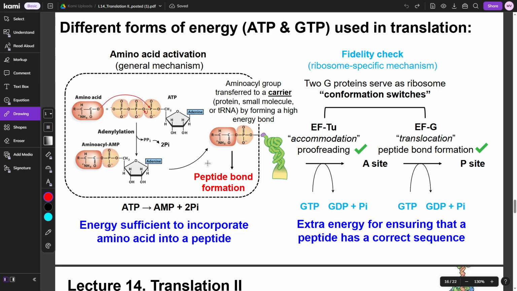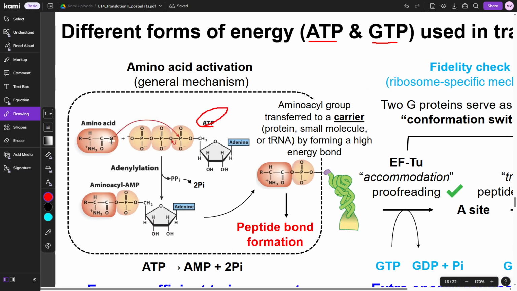I want to get across the idea that you use different forms of energy in translation. In this case, we've got both ATP and GTP. Every tRNA that you use requires a single ATP, and that's to make the aminoacyl tRNA. Basically, you're activating this amino acid by attaching it to an ATP to make an adenylated amino acid, this thing right here.